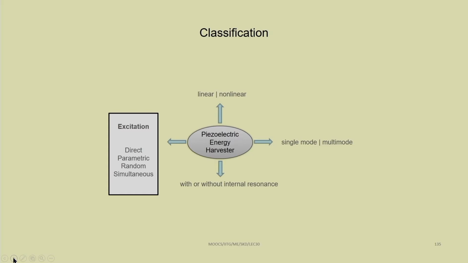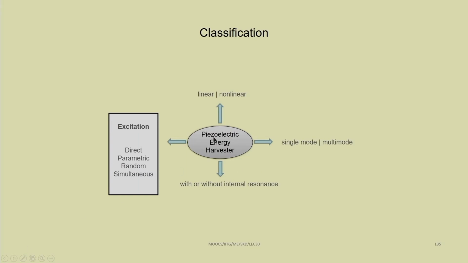Particularly for easy analysis, we generally take the direct and parametrically excited system, and random excitation can be taken separately, or it can be converted to equivalent direct and parametric excitation to study the phenomena.